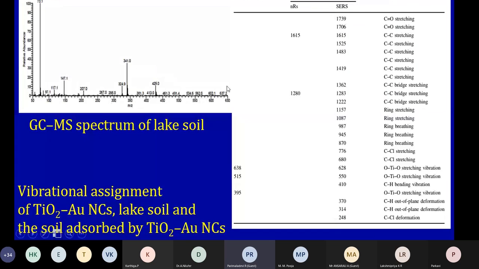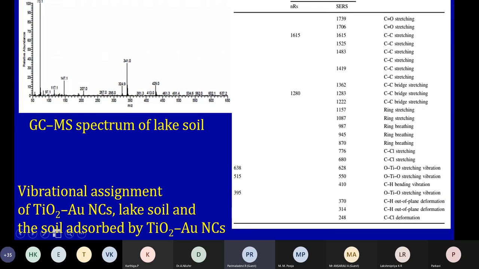This is the traditional technique, GCMS of that lake soil. It shows there is some pollutant in that soil, but only with the SERS technique can we find what pollutants are present in it.